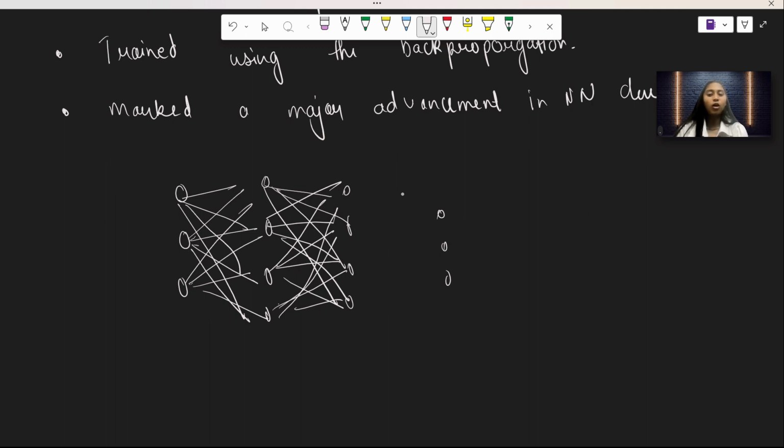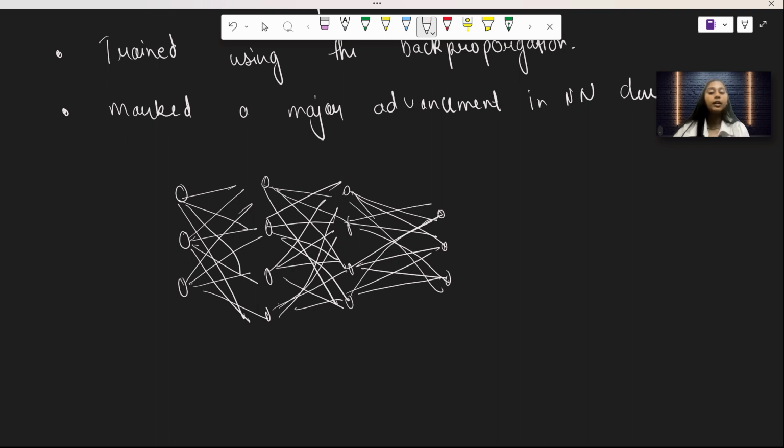Still you can see there is a lot of chaos here, right? And it is making a lot of relationships. Every node is going to every other node. Basically they are making relationships with each other. So within this very small model, you can see a lot of relationships between the nodes.